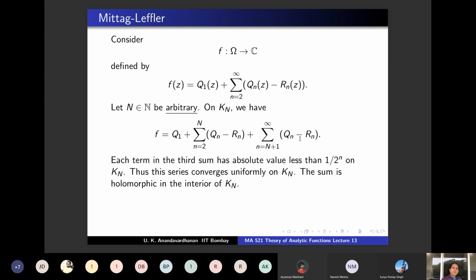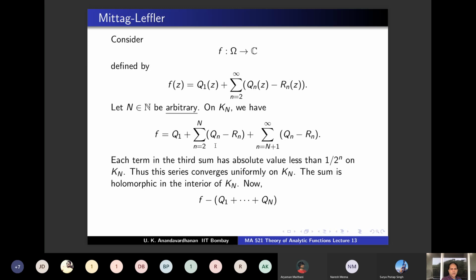Okay, and now if you take f minus this finite part, f minus (q1 plus etc. plus qn), this third sum is holomorphic in the interior of Kn. This is nothing but f minus this much. So f minus this much is holomorphic in the interior of Kn.